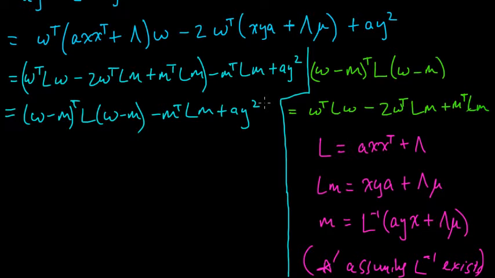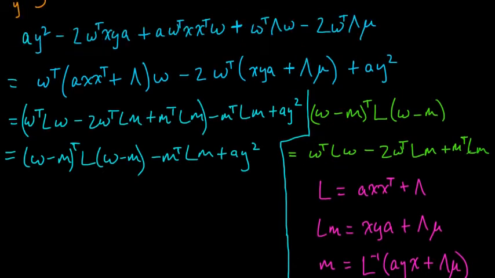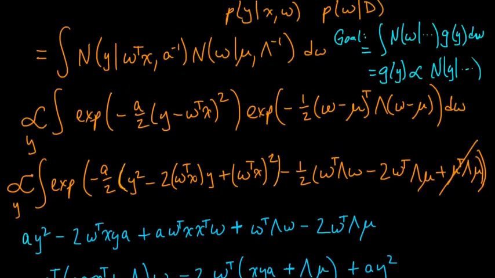Okay. So where does that leave us? That was what we were going for. So that's looking good, and this does not depend on w, let's check. That doesn't depend on w. And M does not depend on w, so I think we're in pretty good shape to integrate and do the first step.